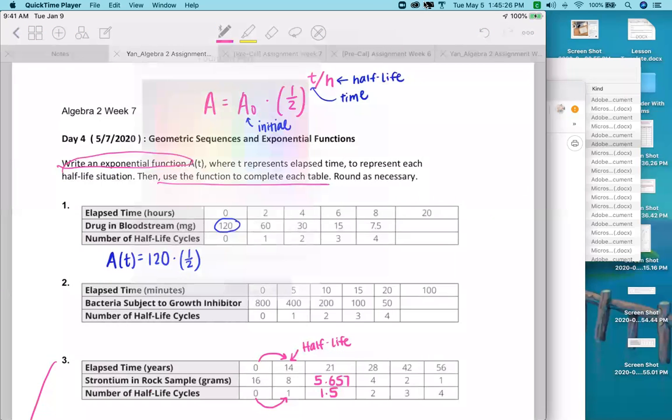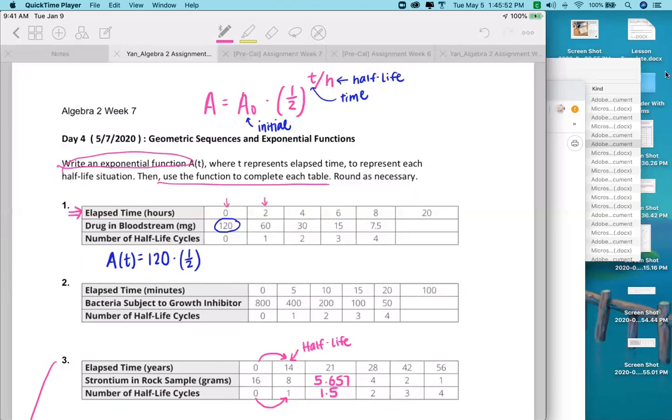How many hours does it take to do half? You can see it from the first line. We start at 0 hours, and then after 2 hours, 120 became 60.